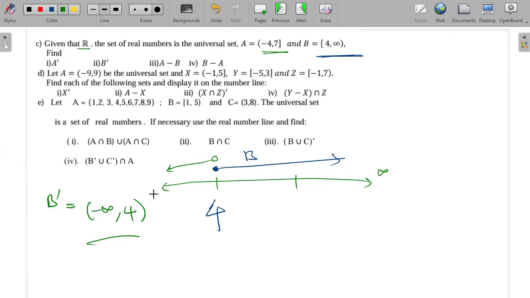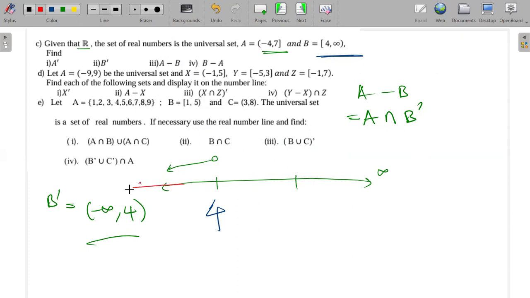So now I find the next one, which is A minus B. This could be written also as A intersect B complement. I'll keep this complement here because I have seen it there, and I will just plot my A again. So my A is going from -4 to 7.